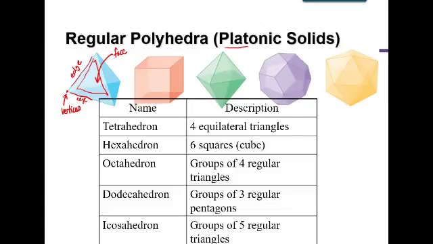An octahedron has groups of 4 regular triangles. That's in green there. A dodecahedron has groups of 3 regular pentagons, and that's in purple. And then an icosahedron, groups of 5 regular triangles. Now there's only certain shapes that will come together in this special way.